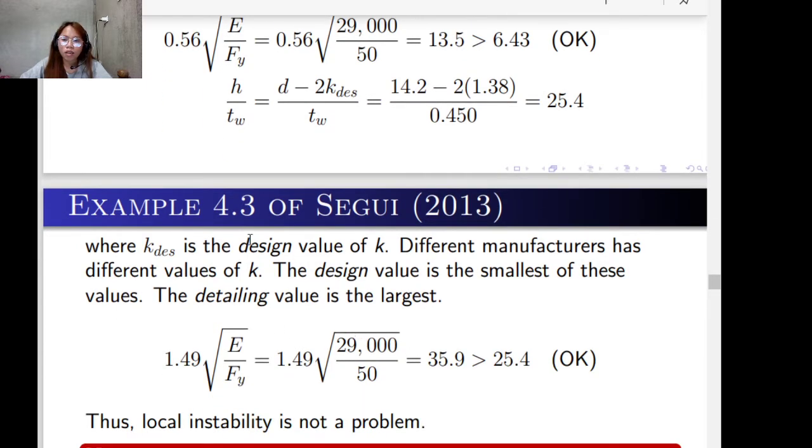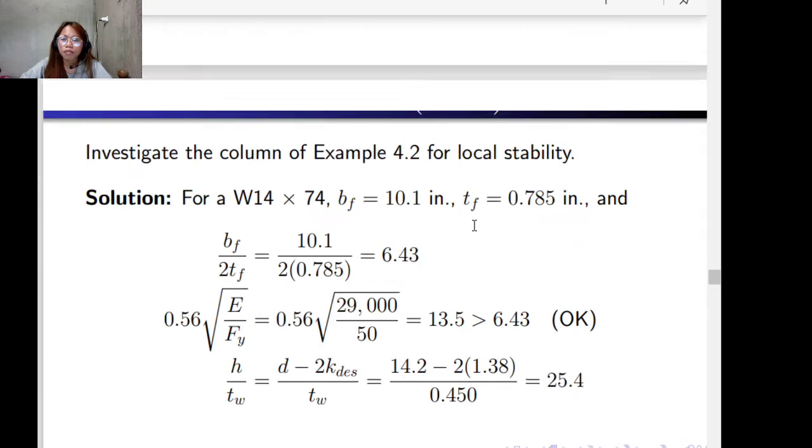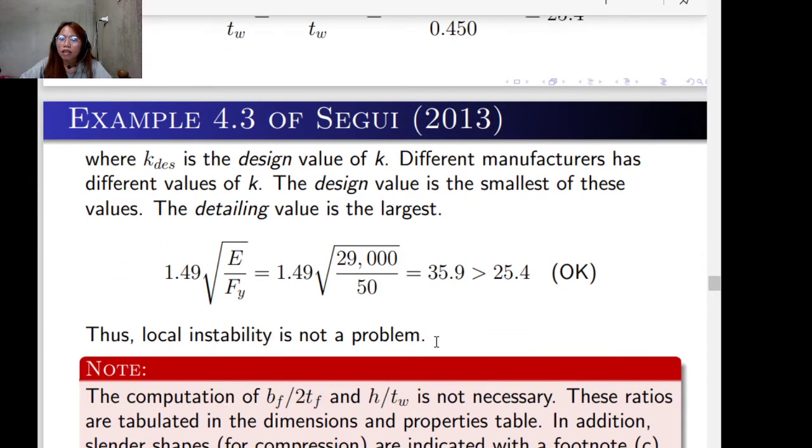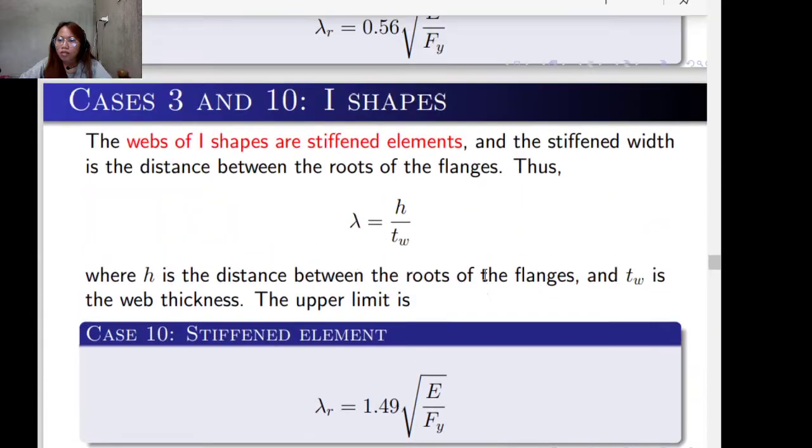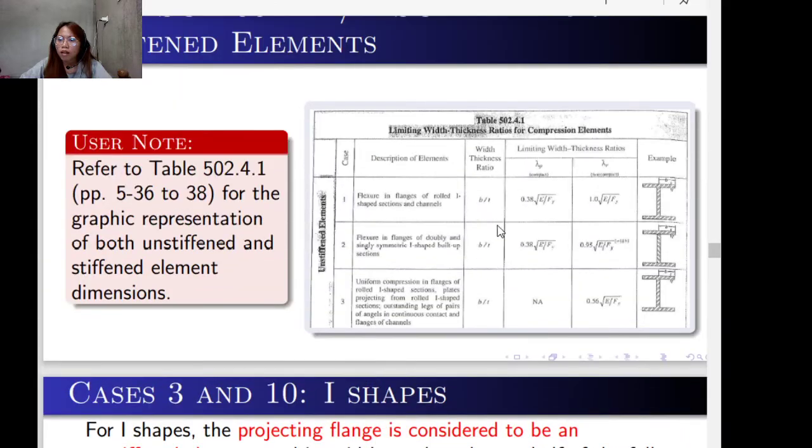Okay. The local stability is not a problem if the lambda or the width to thickness ratio does not exceed these values for compact, lambda sub p, and the non-compact, lambda sub r, no?